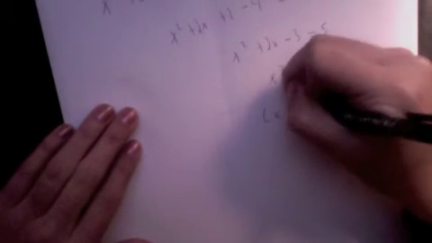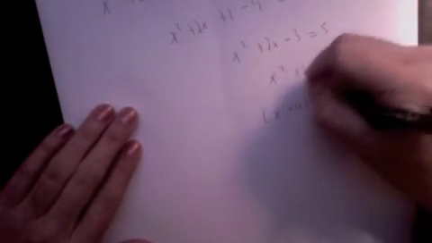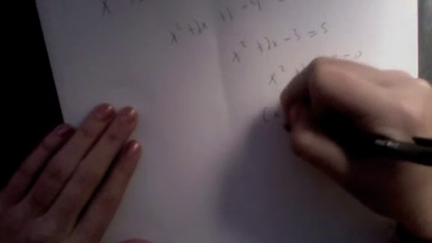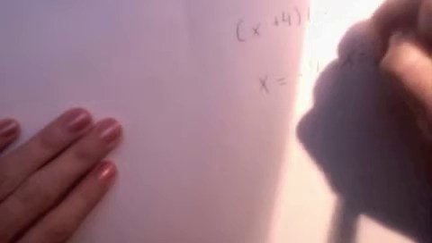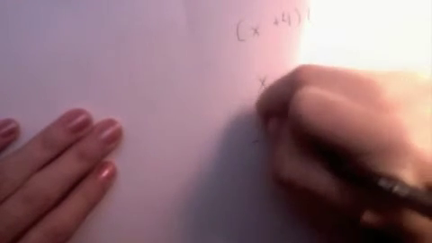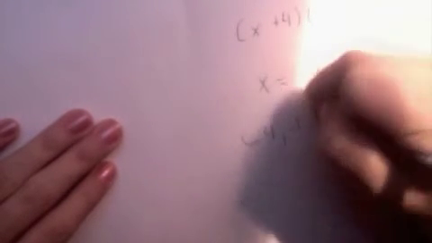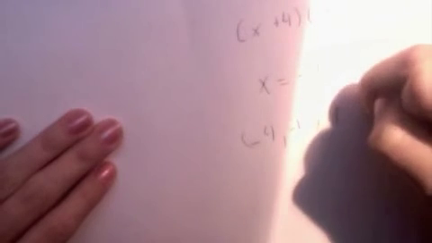Now let's factor: (x plus 4) times (x minus 2). We set those equal to 0 and get x equals negative 4 and x equals 2. So our points are (-4, -1) and (2, -1).